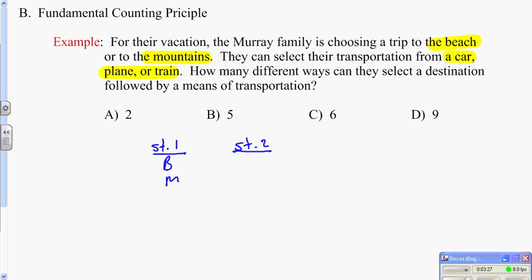Stage 2, car, plane, train. So the counting principle says 2 choices for the first one, 3 choices for the second. How many different ways can they select a destination and the means of transportation? 6.